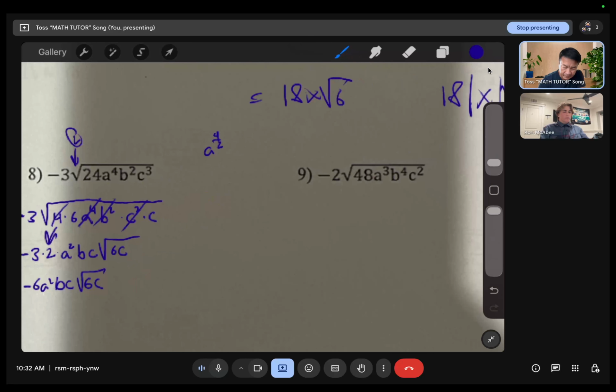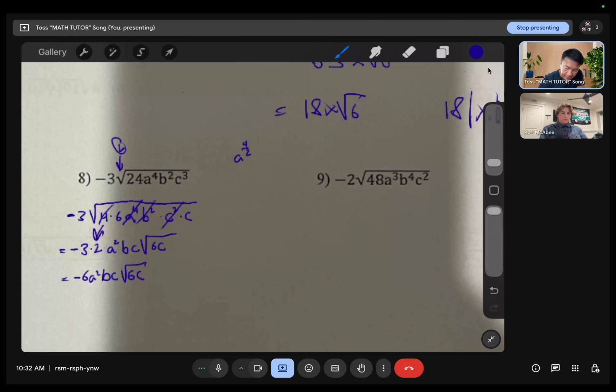Okay, 48. You okay with that? This one, the negative 2 stays negative 2 outside, but 48. Brainstorm it a little bit. It is 16 times 3, but you wouldn't know that, right? 16 is the biggest perfect square number.